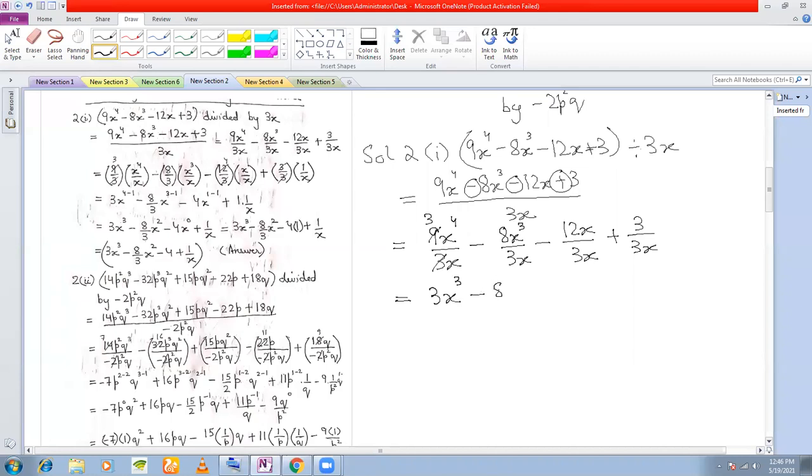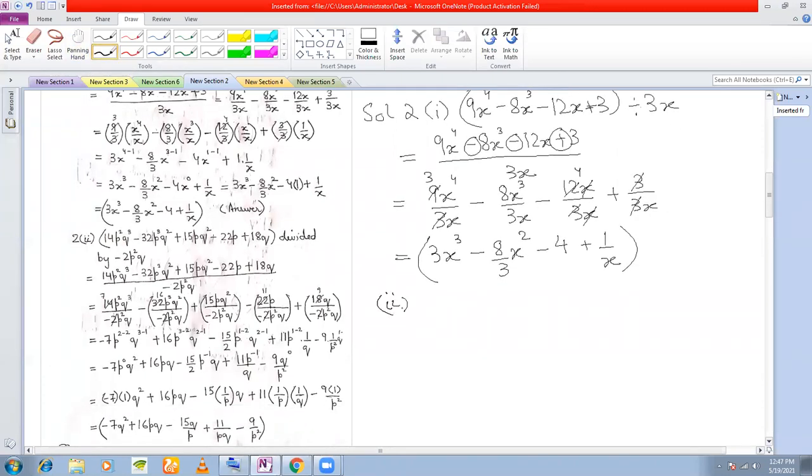Minus 8 by 3 will remain as it is. And you have x here, 3 minus 1, which is 2. Minus 4. And this x cancels. Okay. So you simply have 4. And this 3 here cancels with this 3. So you get simply 1 by x. And so that is your answer.